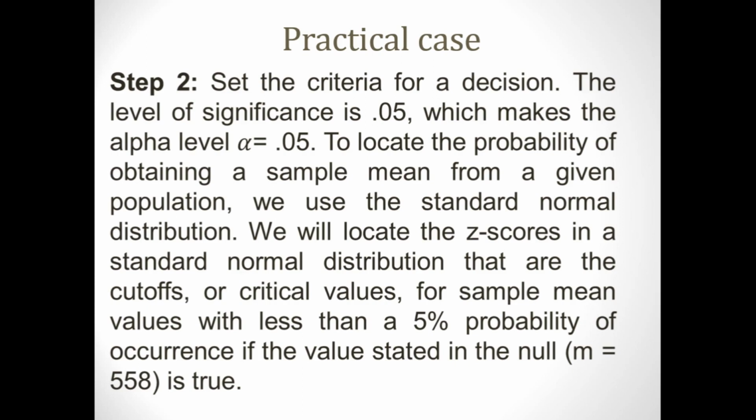So in step 3, we compute the test statistic. We can notice that step 2 set the stage for making a decision because the criterion is set. The probability is less than 5% that we will obtain a sample mean that is at least 1.96 standard deviations above or below the value of the population mean stated in the null hypothesis.